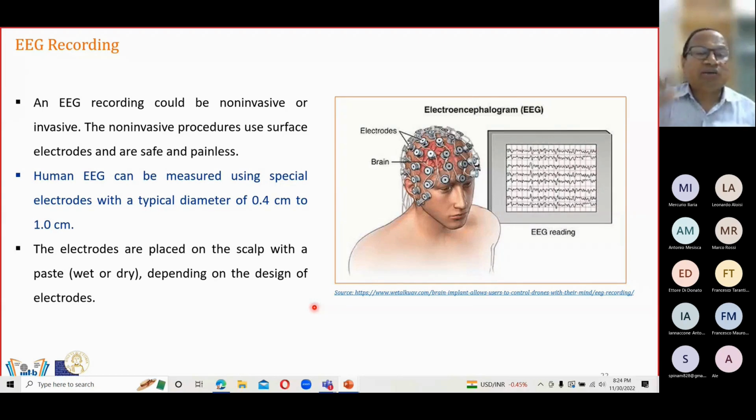Correct. There also they will put some liquid or a kind of paste over the electrode, and then they will place it on your body, chest or other area. So do you have an idea about why we need that paste?